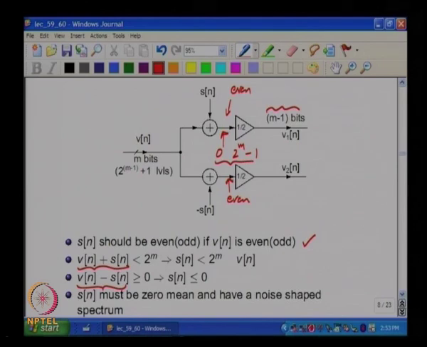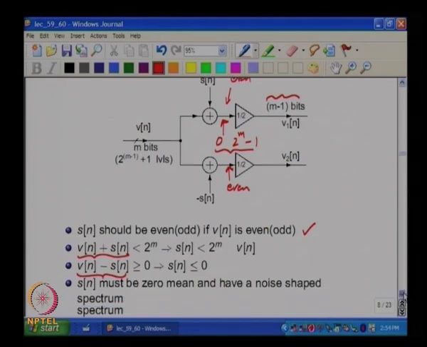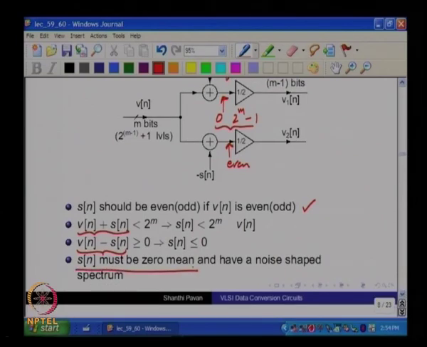So, when you divide down by 2, you will get something which lies between 0 and 2 to the m minus 1 minus 1. Does it make sense? And on top of this, S of n must be 0 mean and must have a noise shaped spectrum. Is this clear?